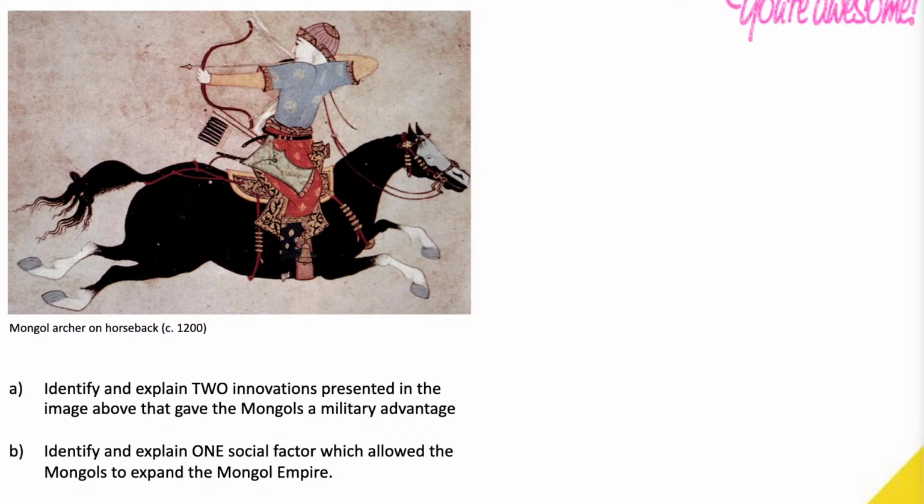Well, horse warfare was around at that time, but this is a little bit different, right? So the first thing that you will notice is, what's this guy's weapon? Typically, when you think of horse warfare, you think of lances and swords. You don't think of bows and arrows.